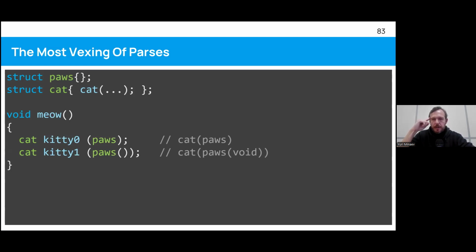The first one is a function which returns a cat structure and takes by copy an object of type of those structure. And the second one also returns cat, but it takes as its parameter a function which returns paws and has no parameters.